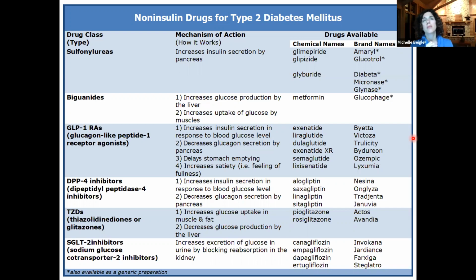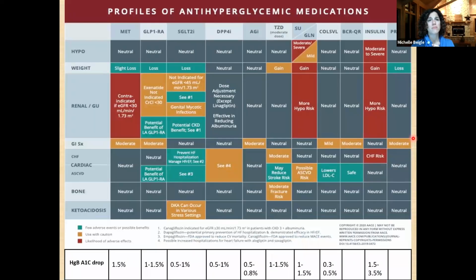So I like to tell my patients that it will not cause hypoglycemia, which you can see, here's metformin. It will not cause hypoglycemia, but the reason that it won't is because it's not lowering your blood sugar. It's preventing your blood sugar from coming too high.